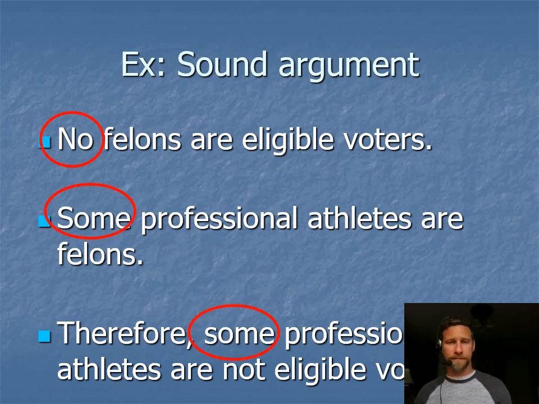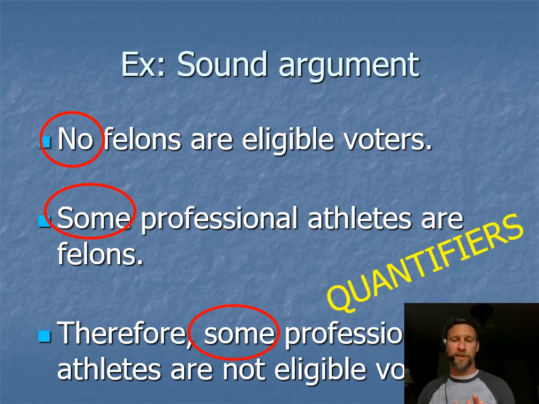Let's take another look. Oh, by the way, here's quantifiers. These terms are really, really important when trying to evaluate someone's logic. If someone says the word all or none or never, you could usually attack those quantifiers, because if you find even one case to the contrary of what they say, because what they have said is an absolute, right?